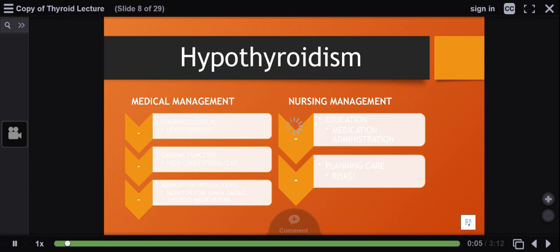When treating a client who has hypothyroidism, our overall goal is to restore a normal metabolic state by replacing that missing hormone. Levothyroxine or Synthroid is a medication that is given for hypothyroidism or the suppression of any goiters or enlarged thyroid.